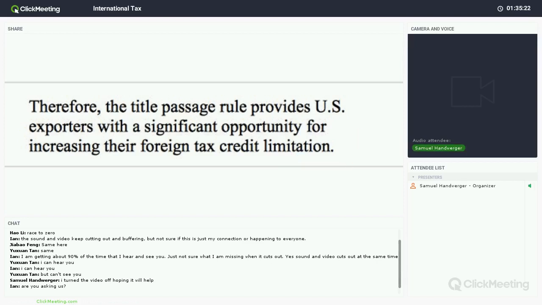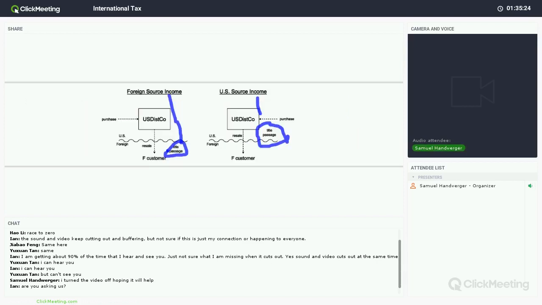So if you're asked the question, which way do you go? Know that in the foreign tax credit limitation, the numerator is the foreign source income over the total income. You want to increase your foreign source income, so you know that where you want to be is on this side, when you can control it.